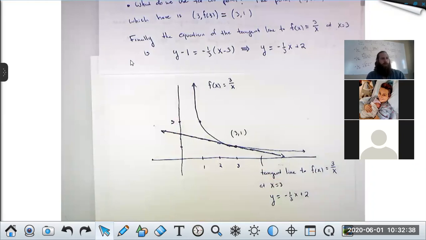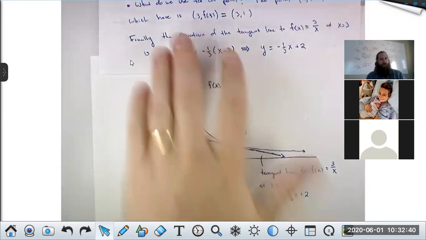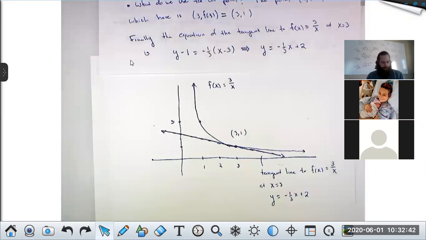First, any questions about this procedure that led to us finding the equation of the tangent line? All feeling good? Yeah, go ahead, please.